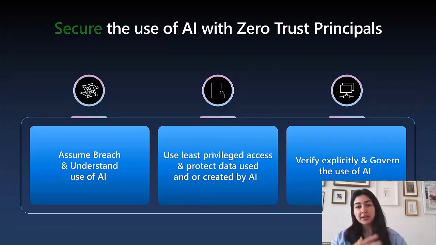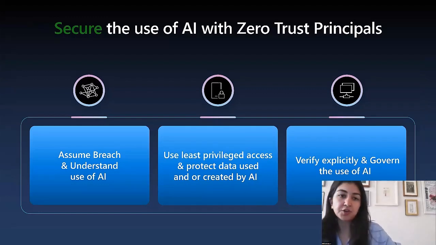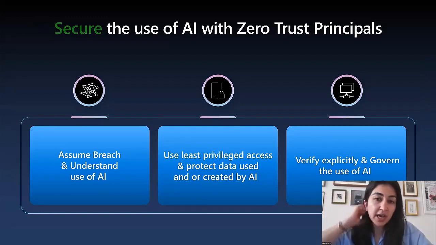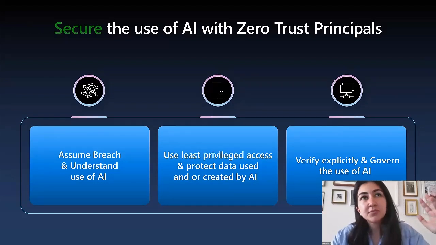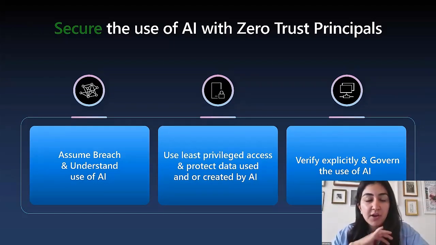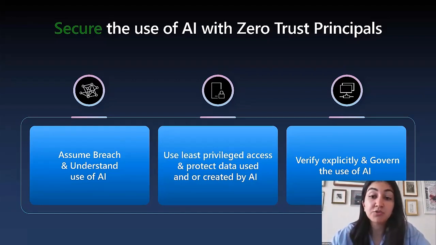And so if we go back to what I kind of started the session on, which is around using AI in alignment with zero trust principles, I'm sure everyone is familiar with zero trust, which is really anchored on three things: assume breach, use least privilege, and verify explicitly. And so very similar to security and AI, when you think about AI and zero trust, there are two angles, right? There's how can you secure all components of AI with zero trust principles?